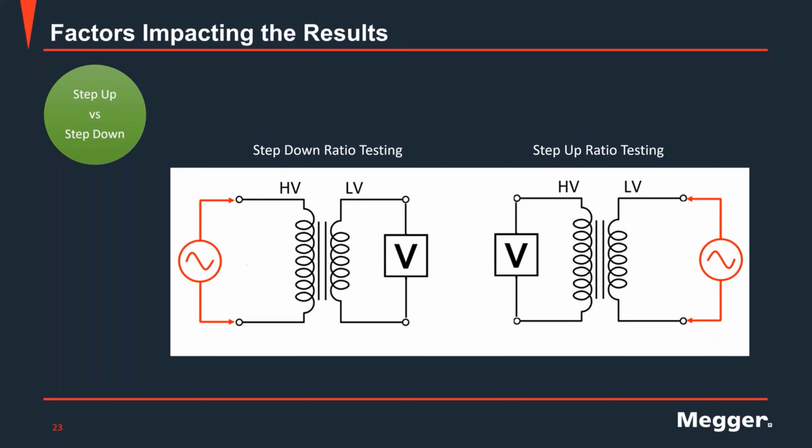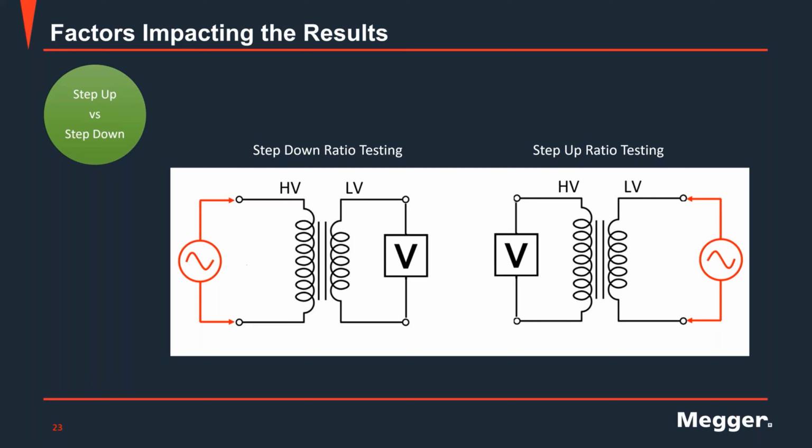So when I apply voltage on my low voltage winding, or a winding that is closer to the core, the mutual flux, the coupling coefficient, will be better than if I apply voltage on the high voltage side, which is further from the core as I have more space for insulation and cooling.